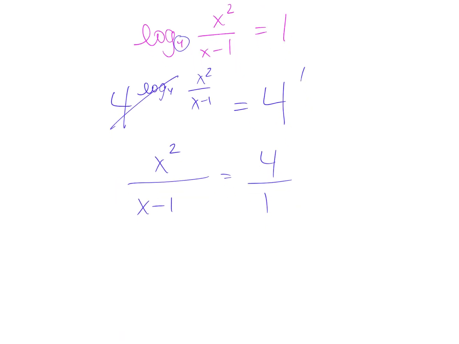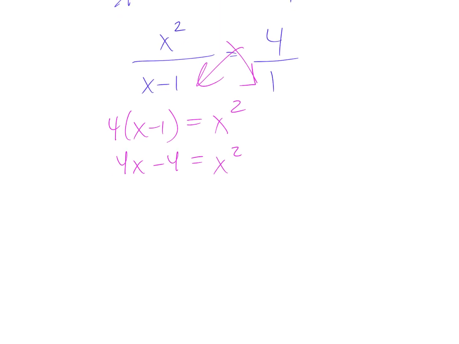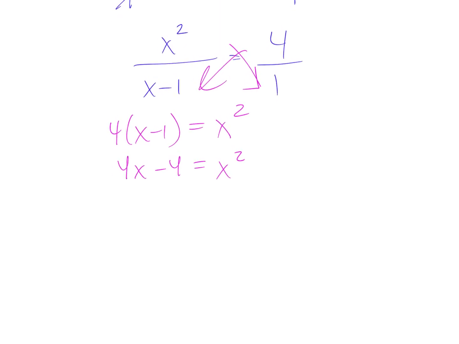How do I solve this? Yeah, cross multiply. So you have 4 times x minus 1 equals x squared. So 4x minus 4 equals x squared. Now, I generally like to move everything to the left-hand side, but since x squared is positive already on the right, I'm just going to move everything over there. So I'm going to minus 4x and plus 4.